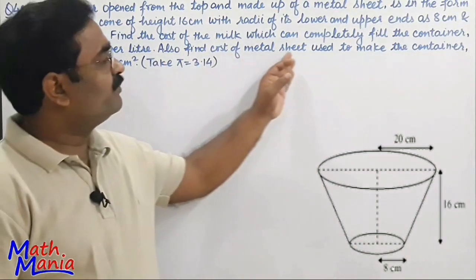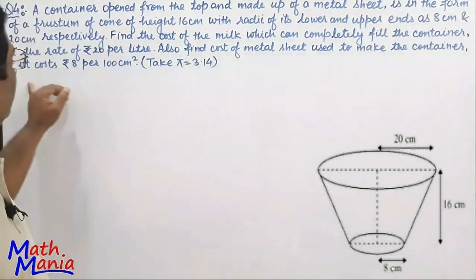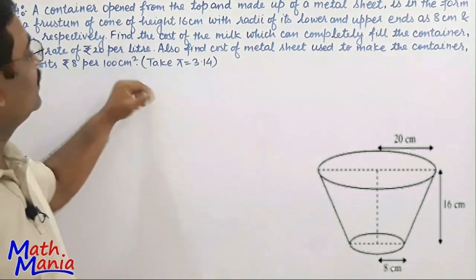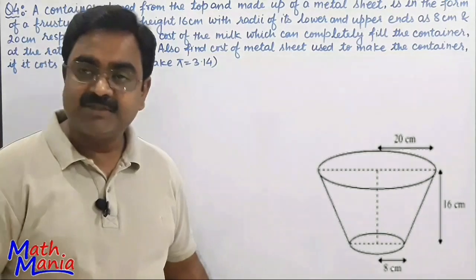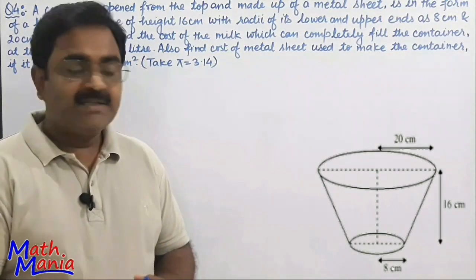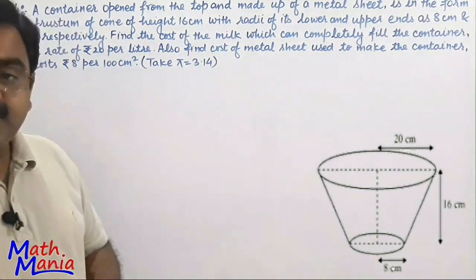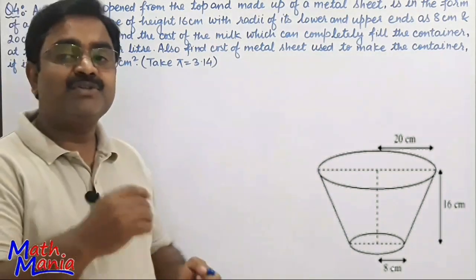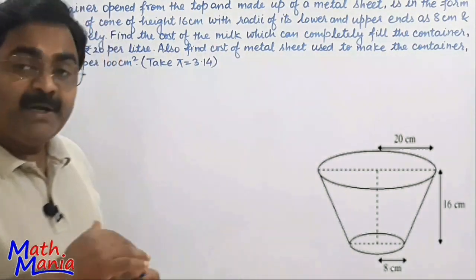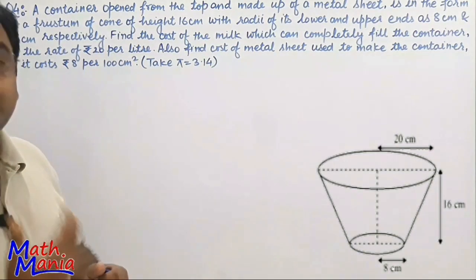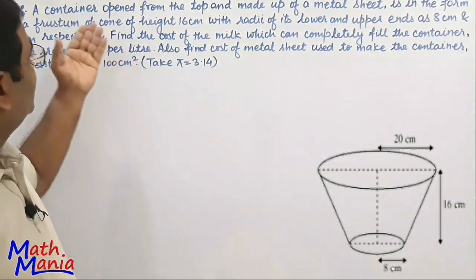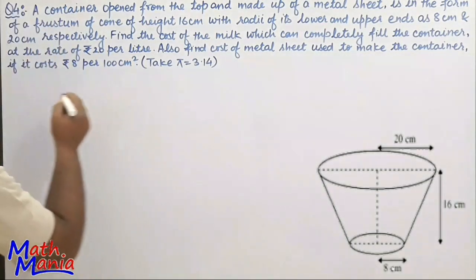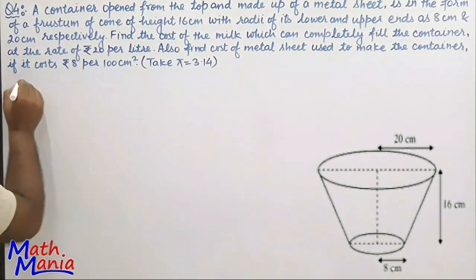Also find the cost of metal sheet used to make the container if it costs rupees 8 per 100 centimeter square. So friends, as the container is in the form of a frustum of a cone, open upward, the height of this container is given as 16 centimeters. So let's see the solution of this question.